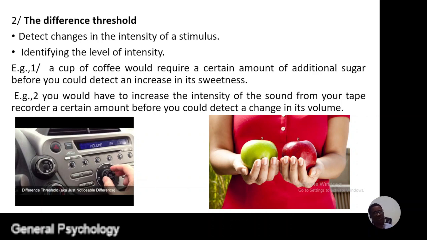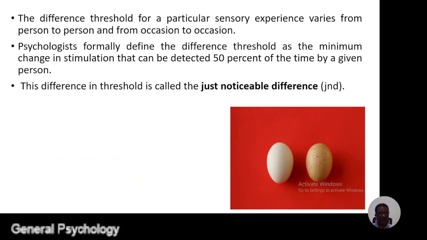It can be a sound, or brightness, or the level of taste. If the level of taste or sound is increased in terms of volume, that directly refers to difference threshold.